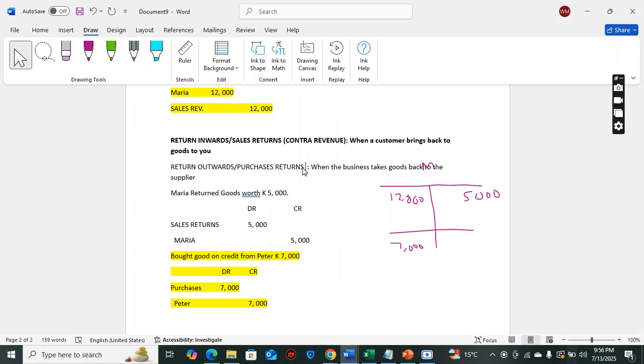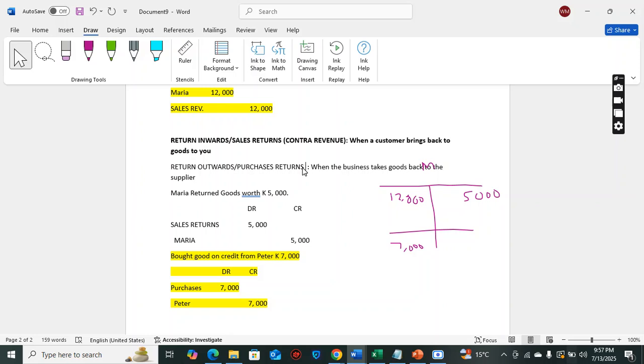Whenever you purchase goods from a supplier, whether you paid cash or it was on credit, when you return goods, because they might be bad, expired, or the wrong goods, that purchases expense has to reduce.